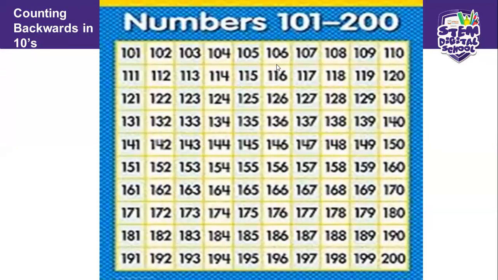Okay, we are going to start with some number counting. I know you know them, but it's just a quick revision, okay? So I want us to count backwards in tens from 200 to 110.